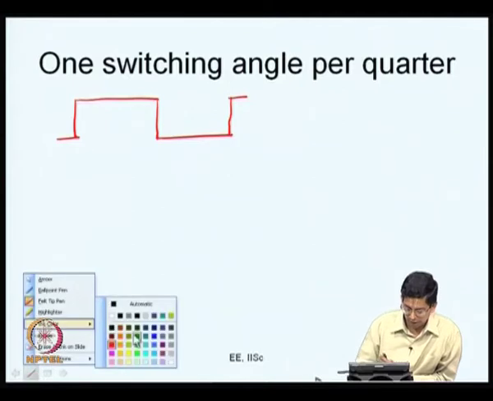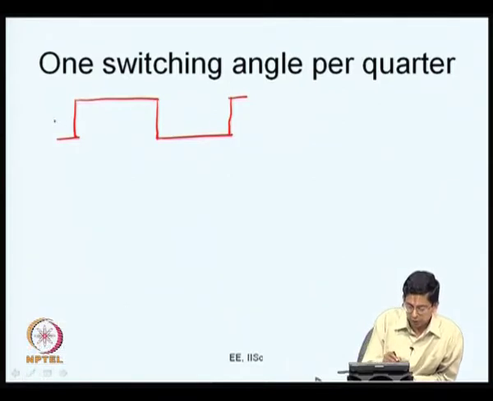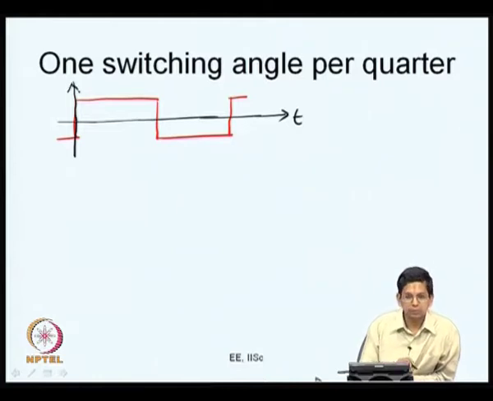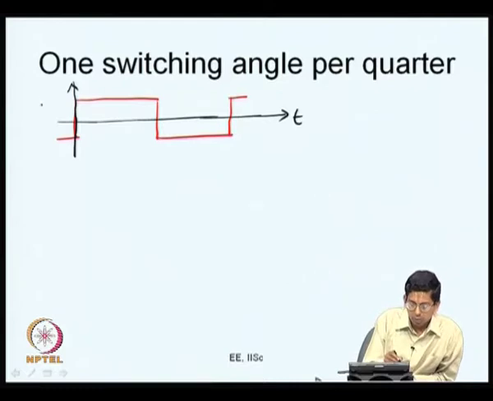Let me take the horizontal axis, let me draw it with black ink. This is the time axis. Now, this is the voltage axis. So, this is equal to 0.5 VDC, and the lower level is equal to minus 0.5 VDC.